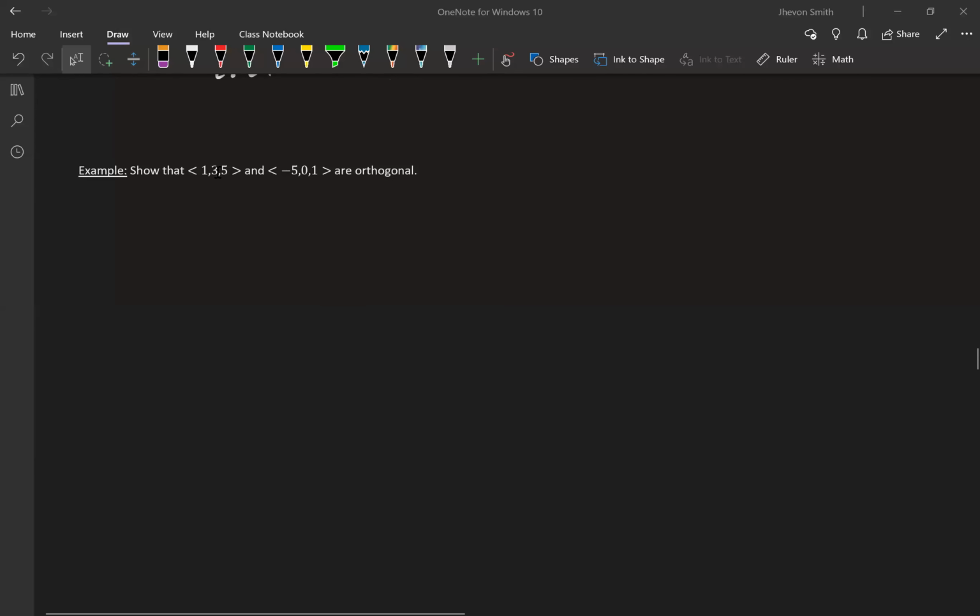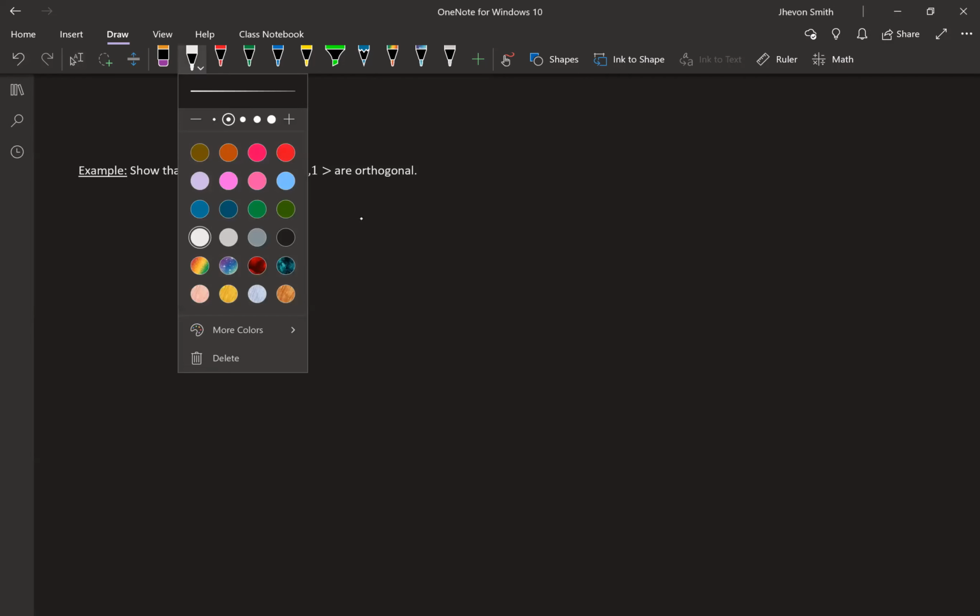So here are two vectors. Show that the vector 1, 3, 5 and the vector -5, 0, 1 are orthogonal. So to show that two vectors are orthogonal, all you need to do is show that the dot product gives you the zero scalar.